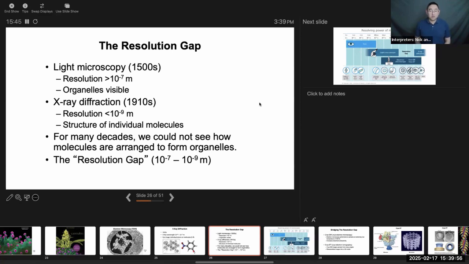So X-ray diffraction is used for imaging molecules, and it works by actually crystallizing the molecule. You actually have to have a pure crystal of the molecule that you're trying to study with X-ray diffraction. So you're not actually shining the X-rays into any kind of living tissue. So you're absolutely right.